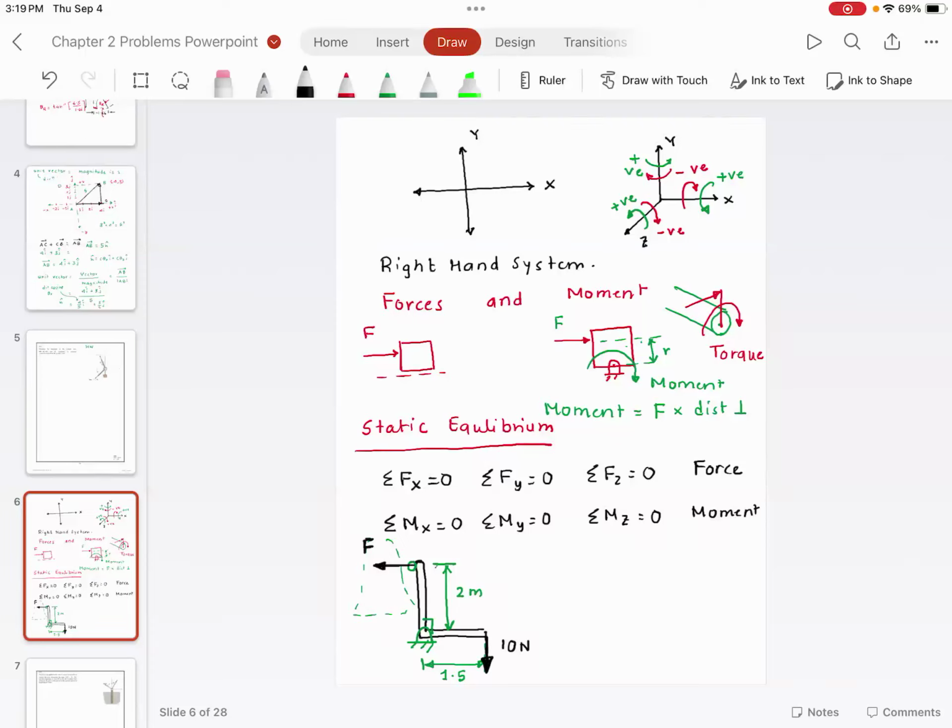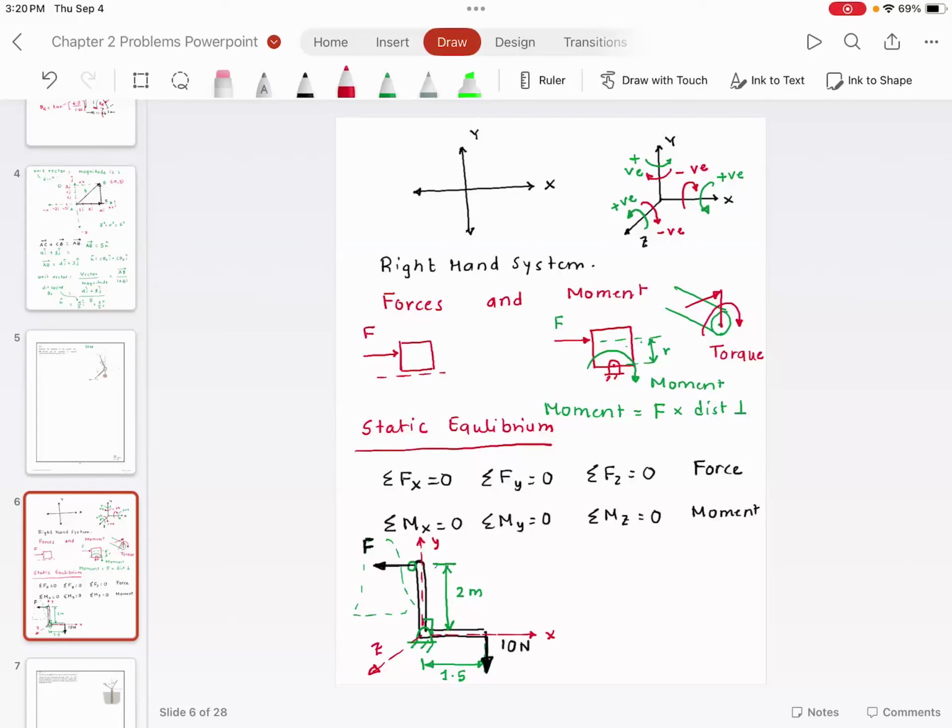If this bell crank lever is in static equilibrium, first and foremost, I want to set up the coordinate frame. So this is going to be my x. This is going to be my y. And this is going to be my z. Do you agree with me?